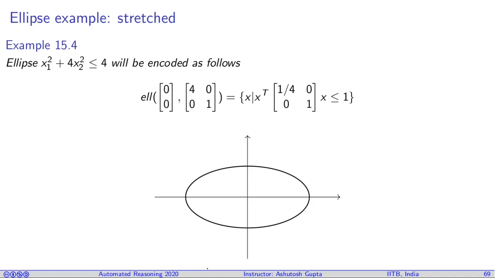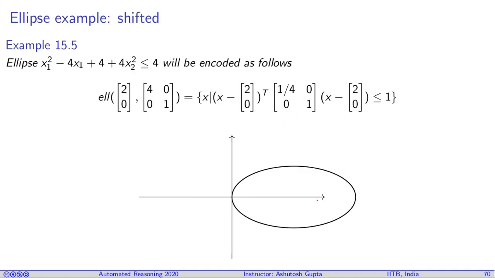So let's look at how a real ellipse would look in this notation. This is your origin, 0, 0 still, and the ellipse is stretched in one dimension, suppose in this dimension, where we write 4, and in the y dimension we write 1. You can write it in the expanded form of the ellipse this way.